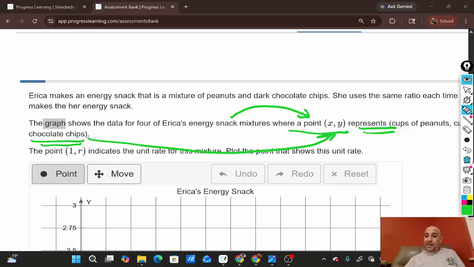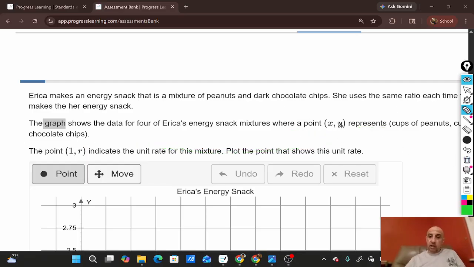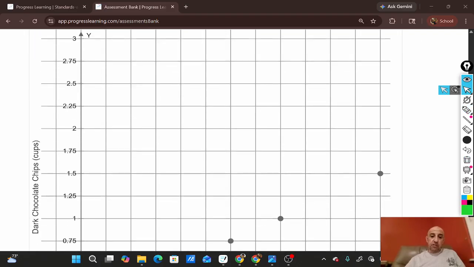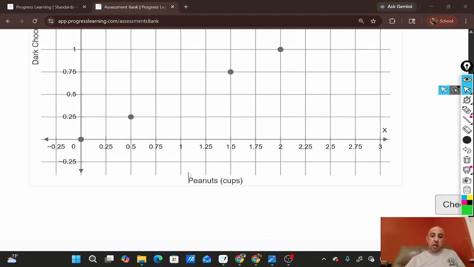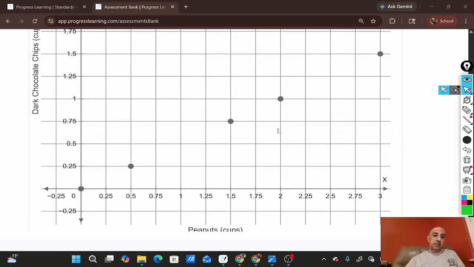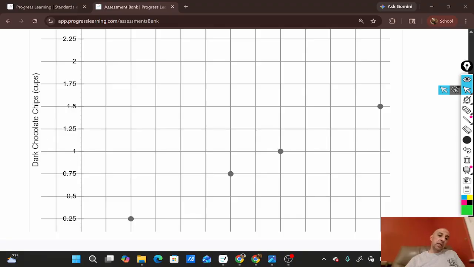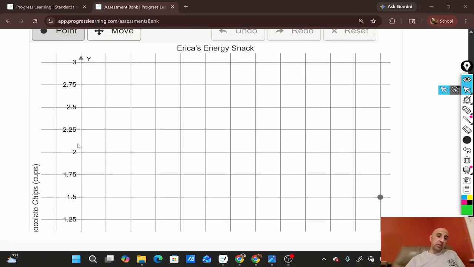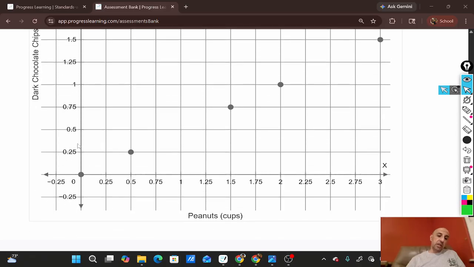This is clearly obvious in the graph: the cups of peanuts are on the horizontal x-axis, and the cups of dark chocolate chips are on the y-axis, which is the vertical line.